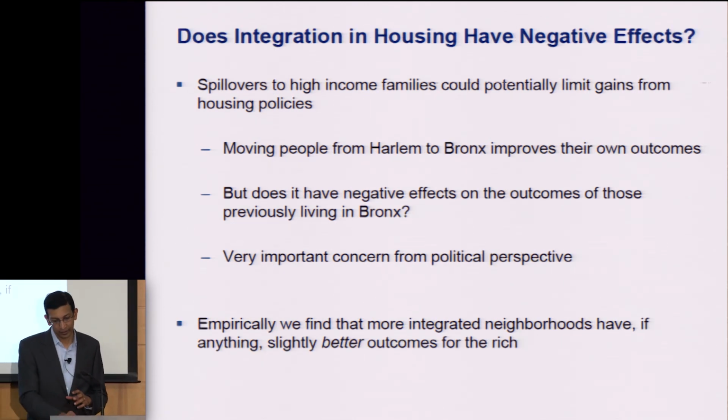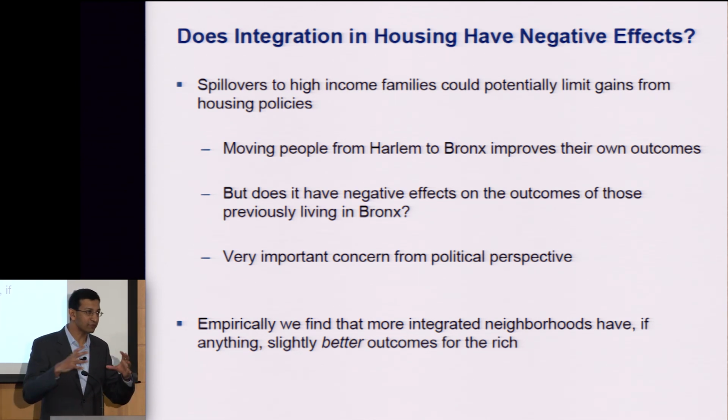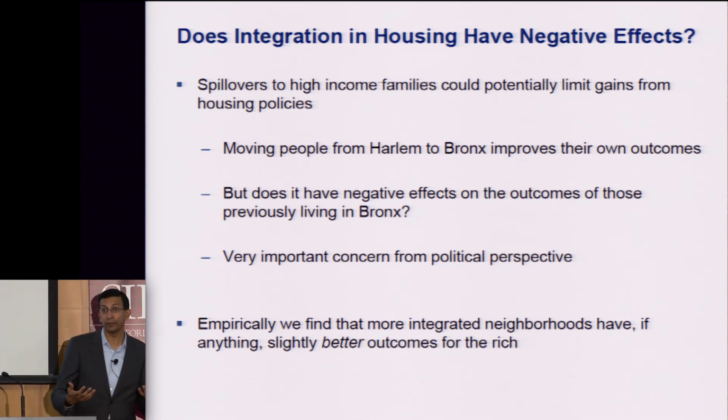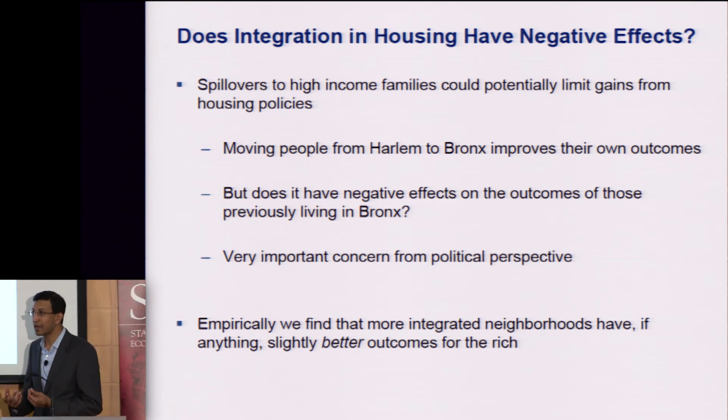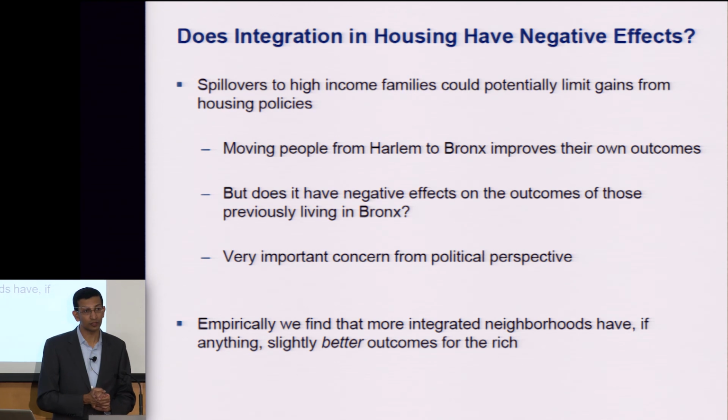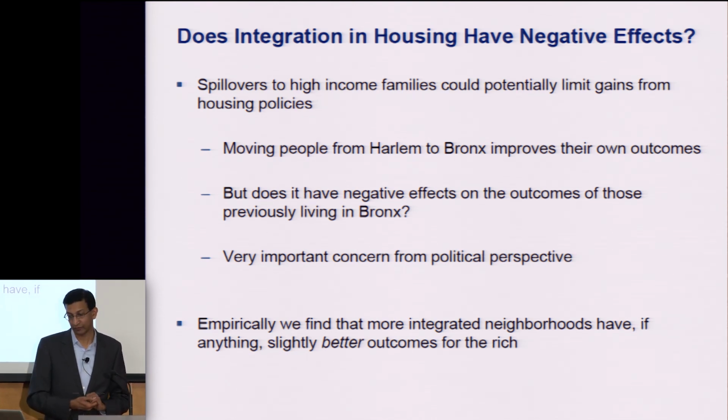I'm going to end by talking about one final issue that I think is very important in the political debate. So if we think that integration, residential integration, can really help low-income kids' outcomes, that's good for those families, but often a prominent concern that comes up in the discussion of such policies is that there might be spillovers to high-income families that could potentially limit the overall gain from such integration.